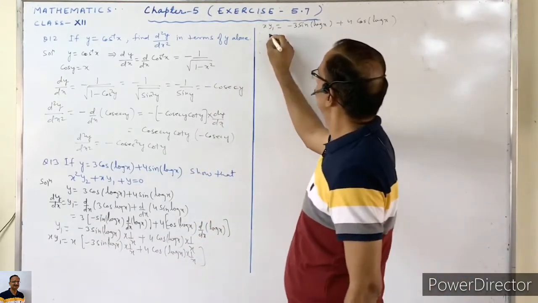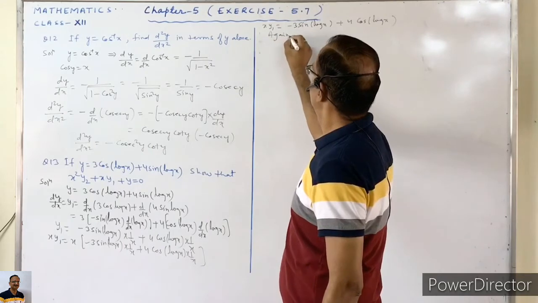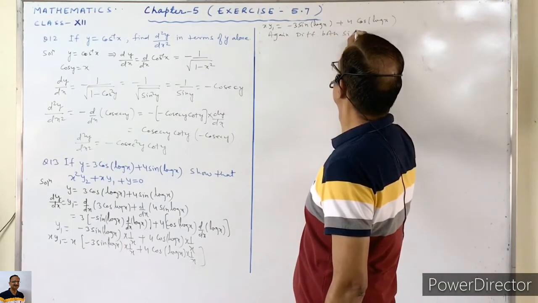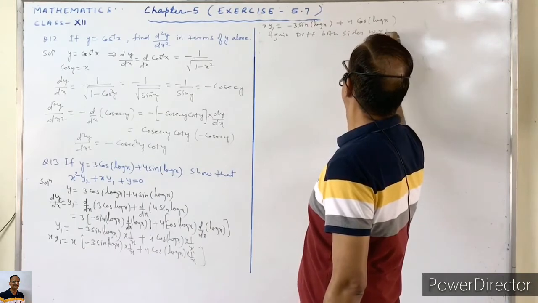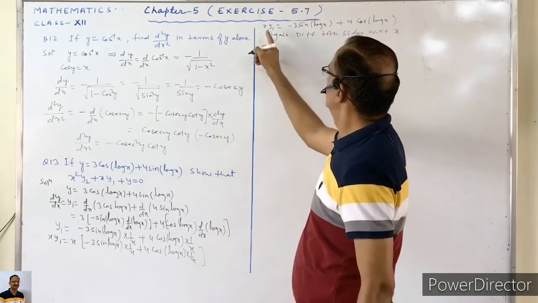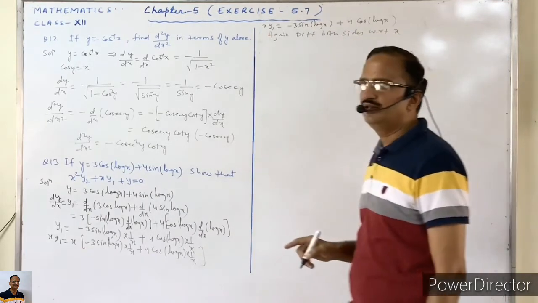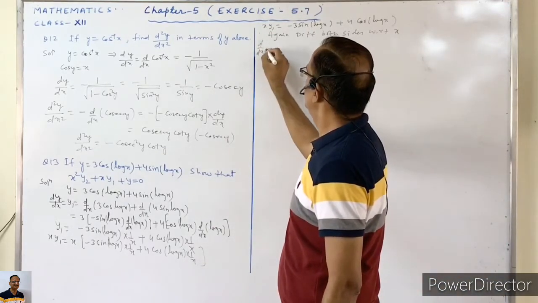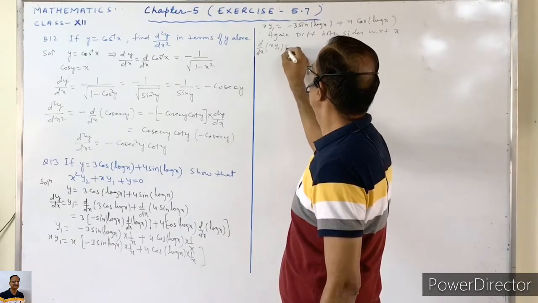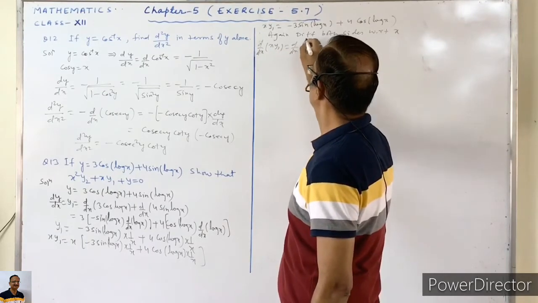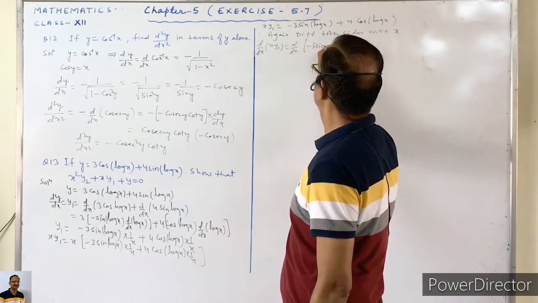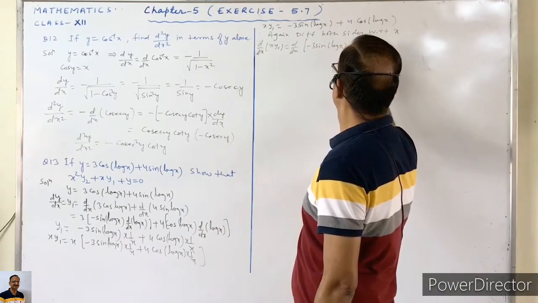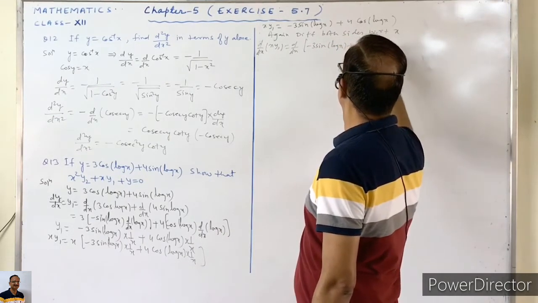Now again differentiating both sides with respect to x. So on the left hand side we will use product rule, means d by dx of x y1 and d by dx of minus 3 sin log x plus 4 cos log x.